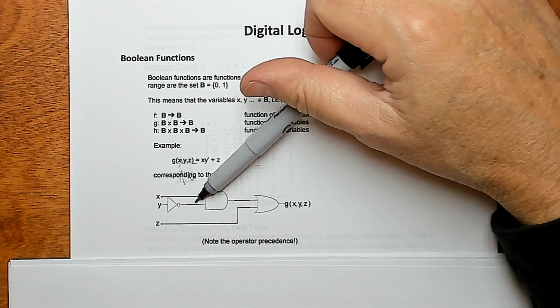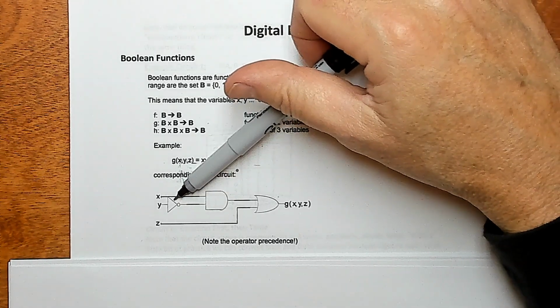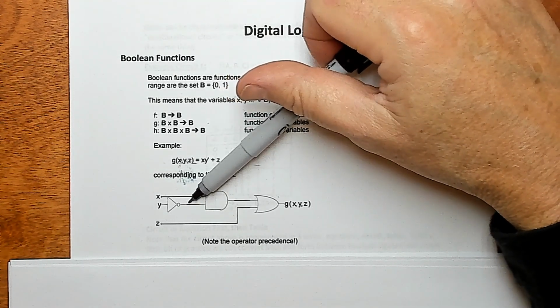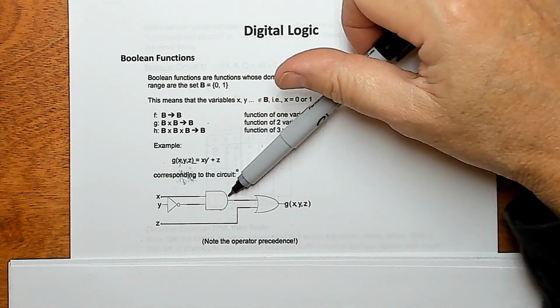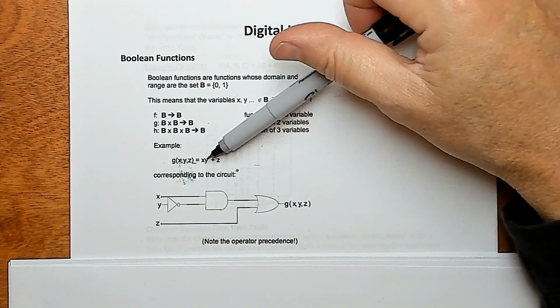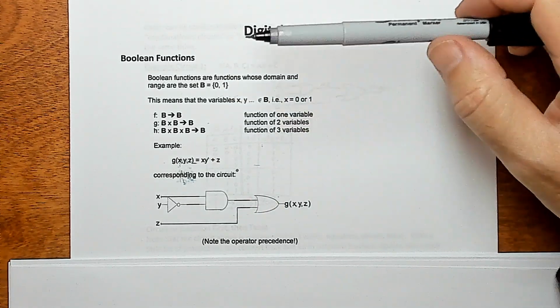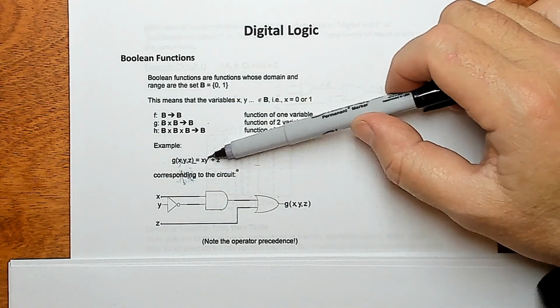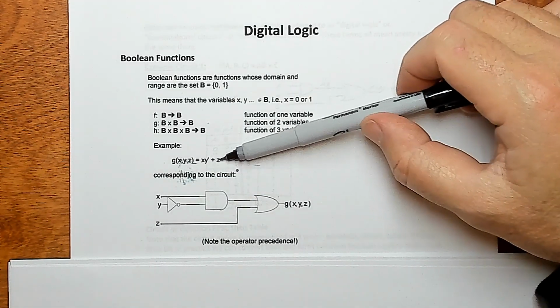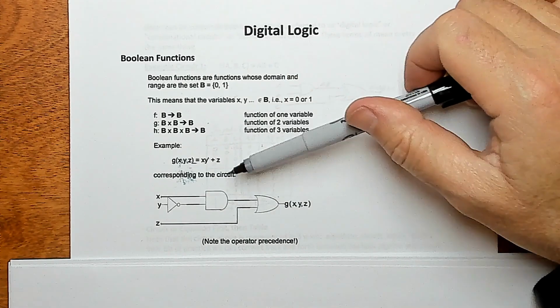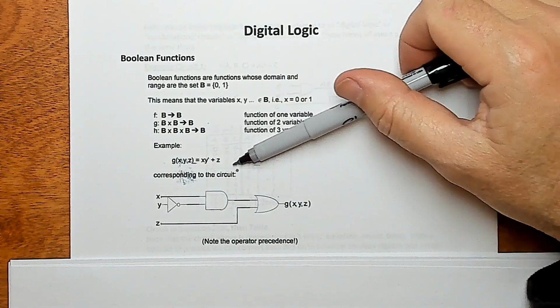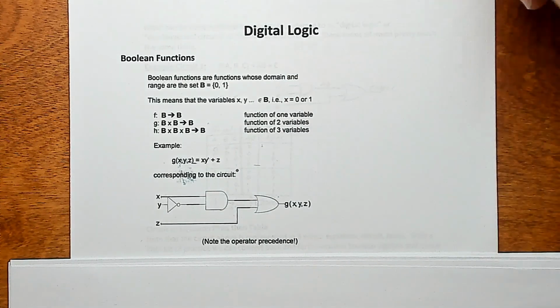So we'll take the output of the not gate and combine that with x and put those into an and gate, and then we'll take that result and OR it with z. So we're doing the not first, then the and, and then the OR last. These are the rules of precedence, which are similar to the rules of regular algebra.